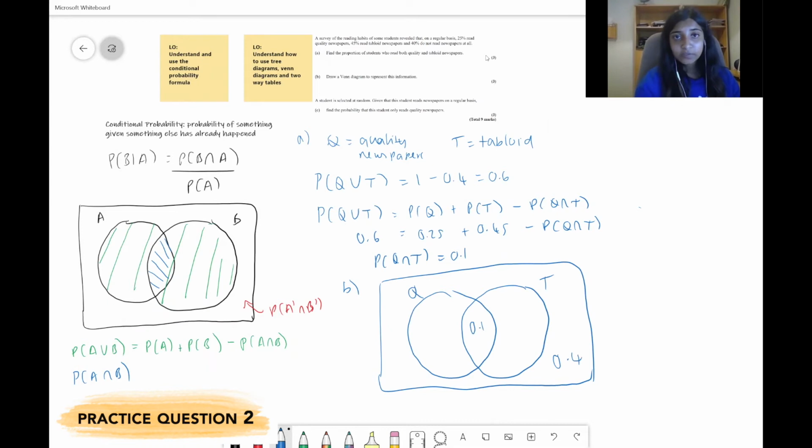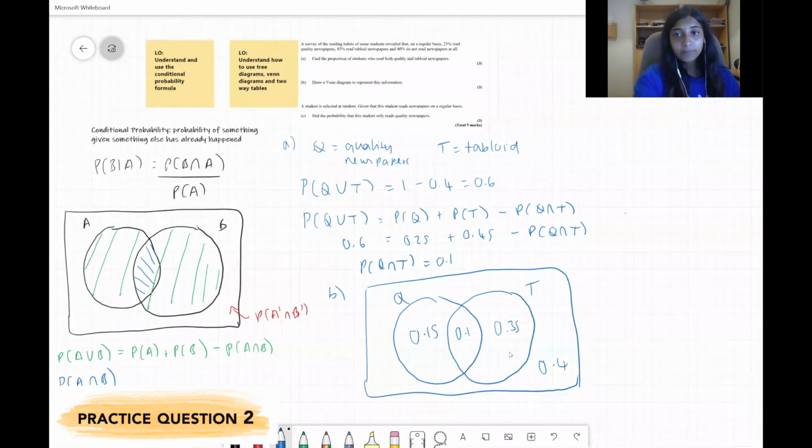Then the probability of Q is 0.25, but the bit that goes in this part of the circle would be 0.25 minus 0.1, which is 0.15. And then we have the probability of T, which is 0.45, so that's this whole circle. But to get just this area here, we do 0.45 minus 0.1, which would be 0.35.